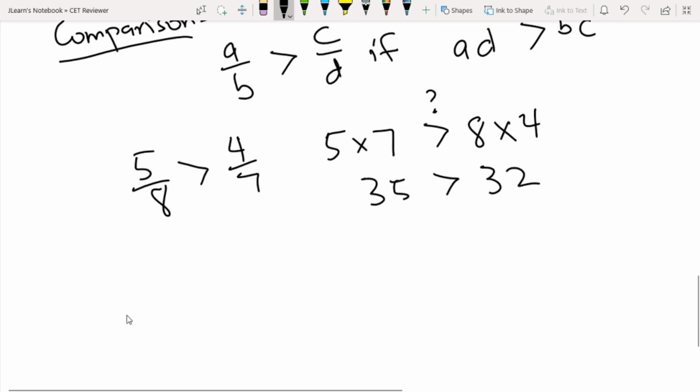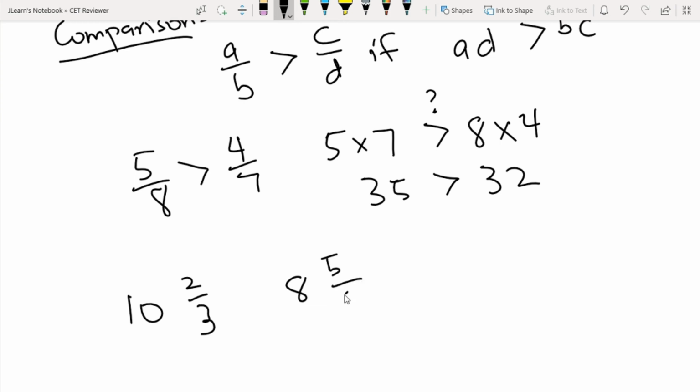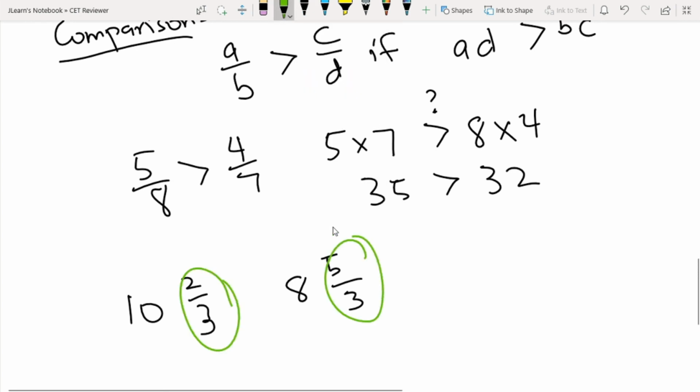So, for example, we are comparing mixed numbers. So, kunyari, 10 and 2/3 versus 8 and 5/3. Ang pinaka-important na gawin dito ay kailangan i-make sure natin na yung fractional part ay proper fraction. Okay?